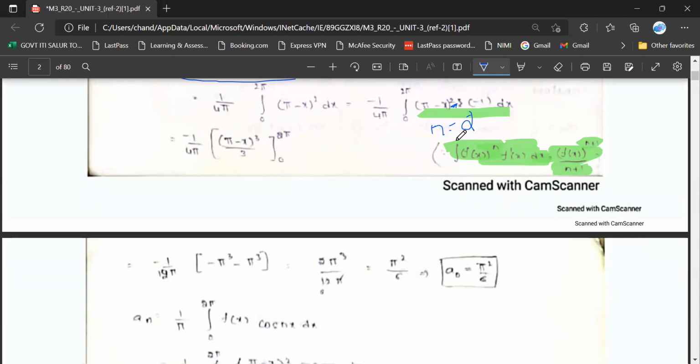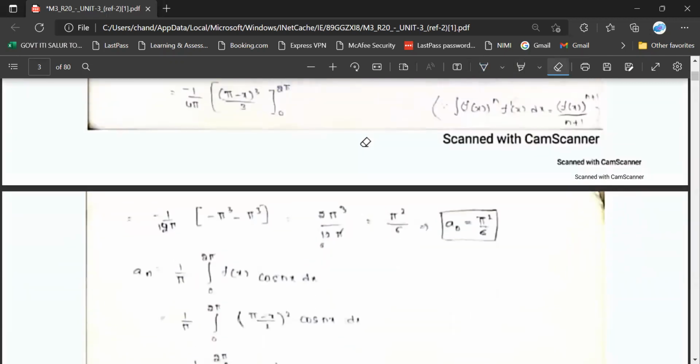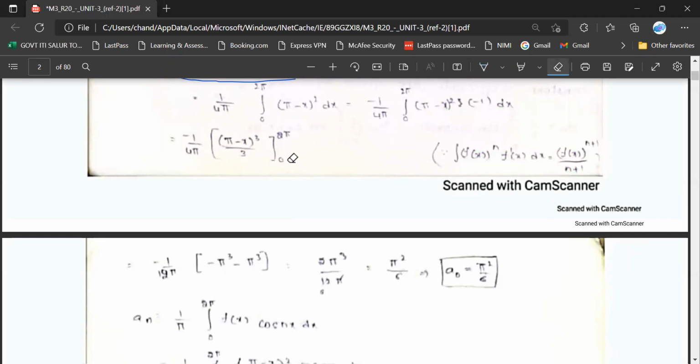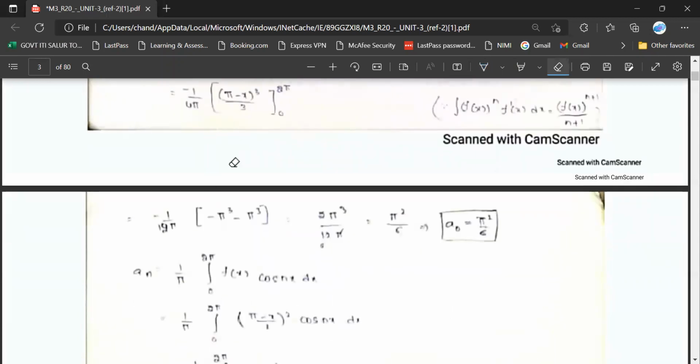So it is a definite integration, so we should substitute the values at the limits, 2 pi and 0. So we are substituting the values.